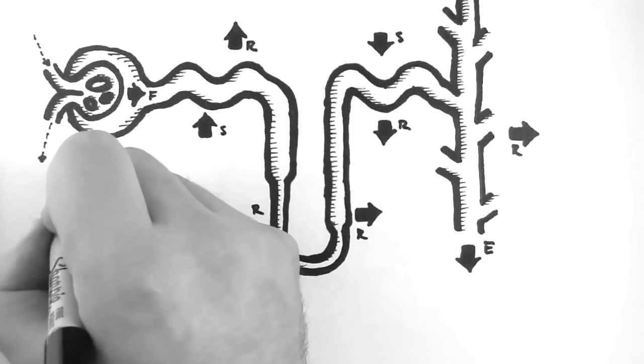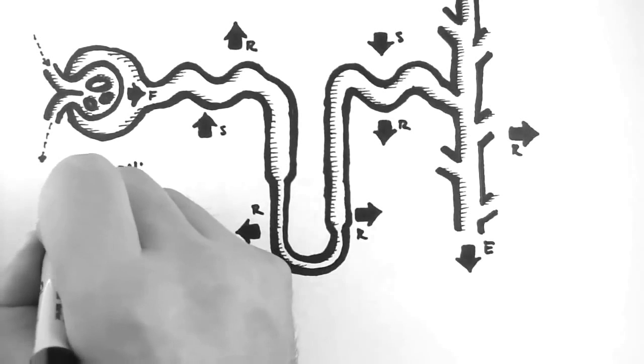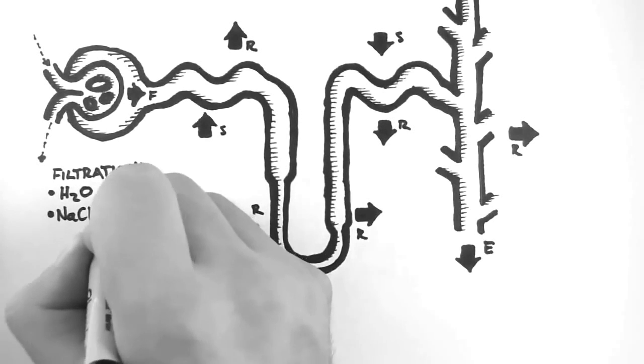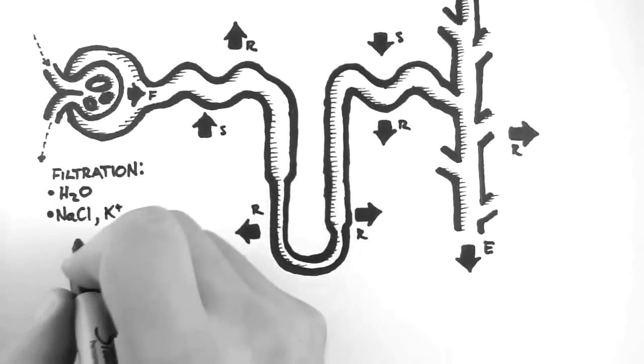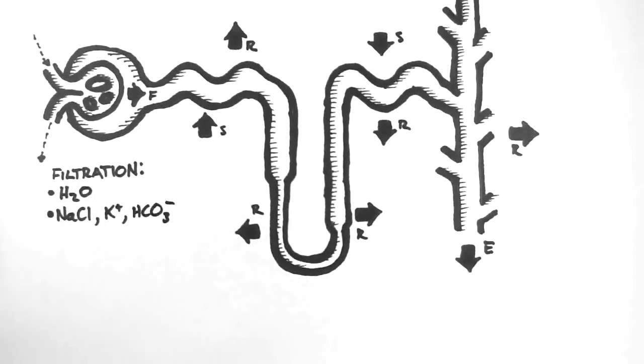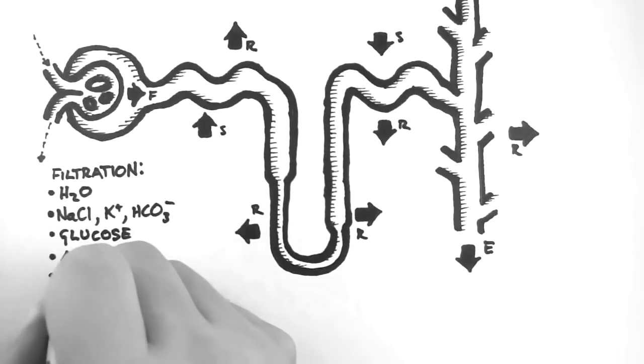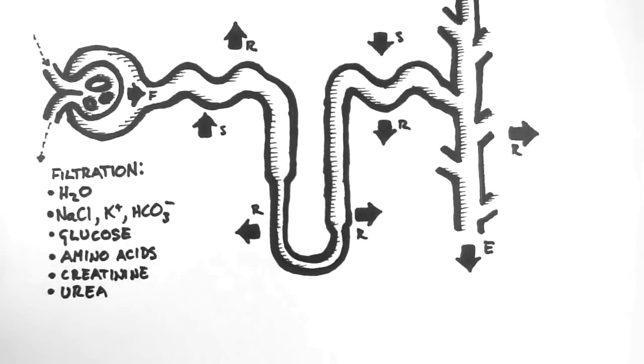Normal filtrate contains mainly water, and within that water are many different solutes. Sodium and chloride usually move together, so in this video, I consider them as one rather than listing them individually. There is also potassium and bicarbonate, glucose, amino acids, creatinine, and urea.